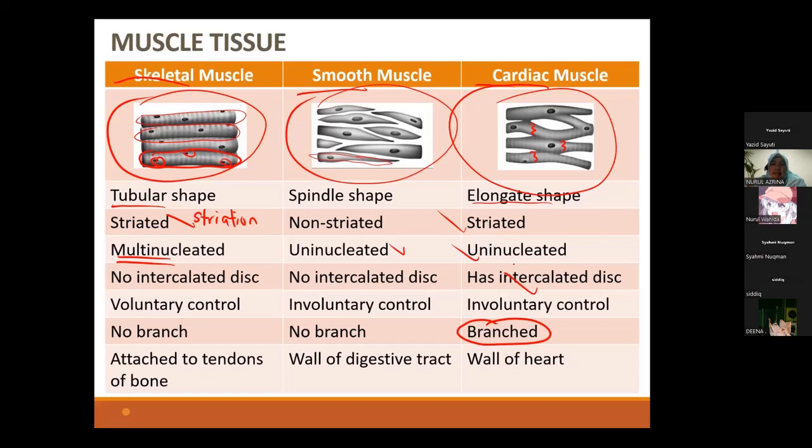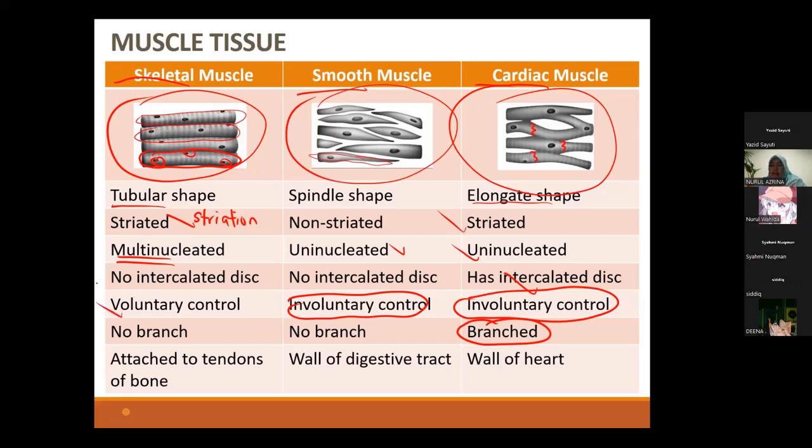Okay, next in terms of function, both smooth muscle and cardiac muscle are involved in involuntary control. So involuntary control means contraction that cannot be regulated by ourselves voluntarily. Tak boleh. Okay. As for skeletal muscle, it involves voluntary control.